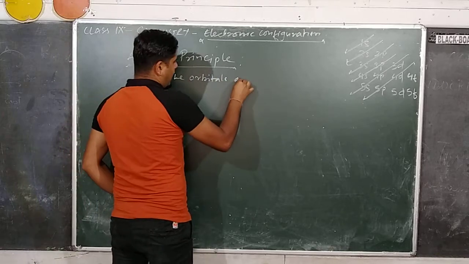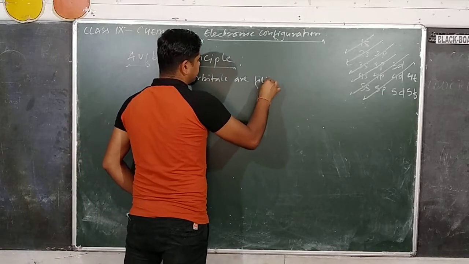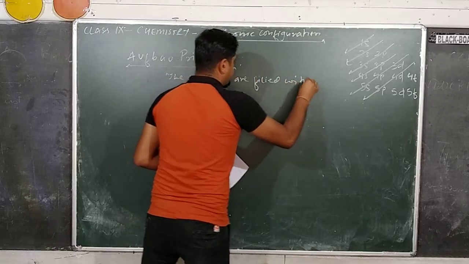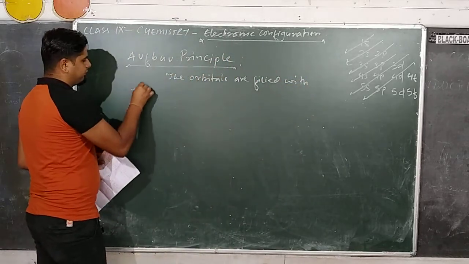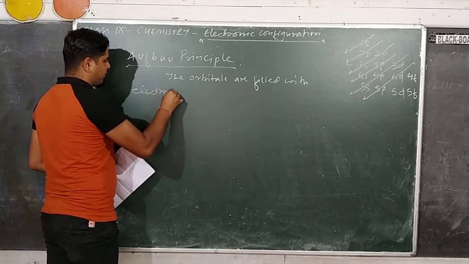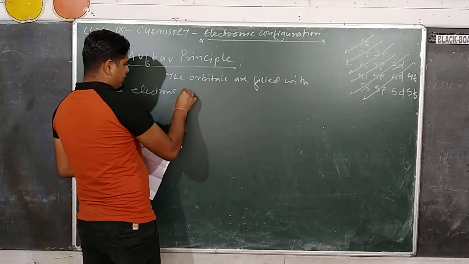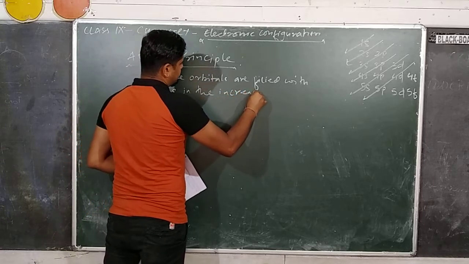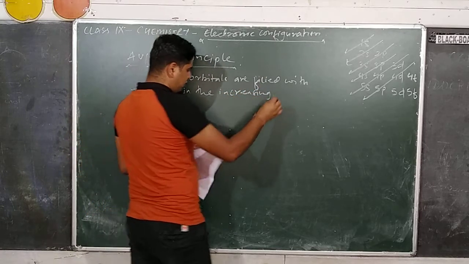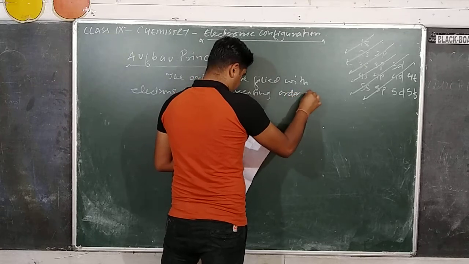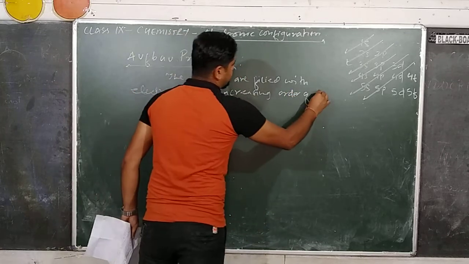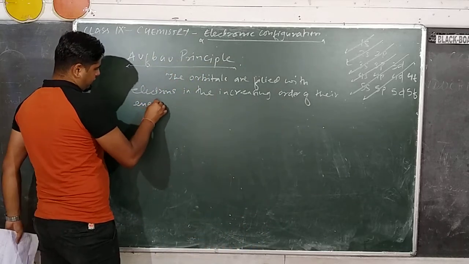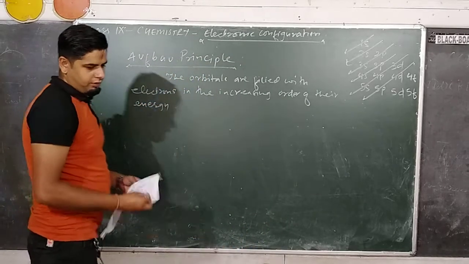orbitals are filled with electrons in the increasing order of their energy.